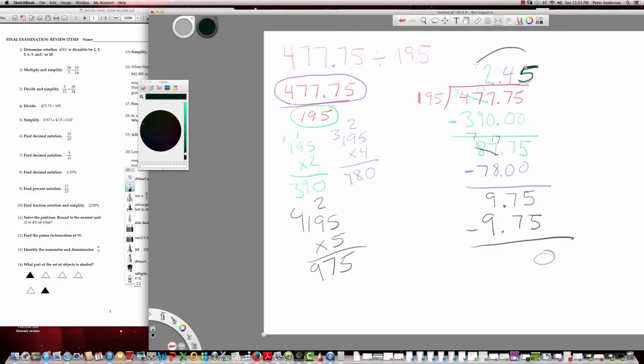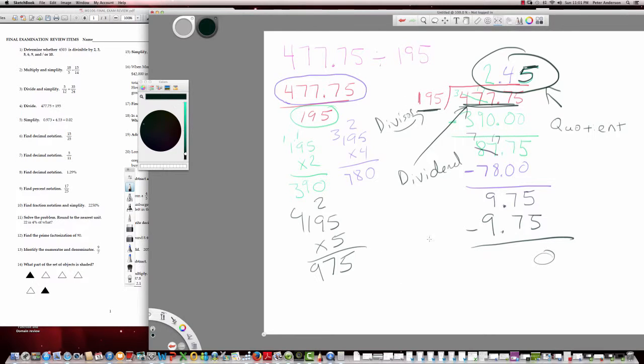Okay? So this equals 2.45. So when we divide, this would be called the quotient, which is 2.45. By the way, this is the dividend, and this is the divisor. Okay, and there's our answer.